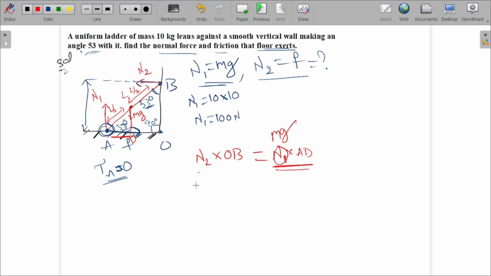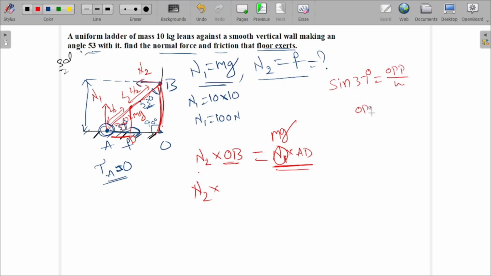Now N2 into OB. OB is the perpendicular distance. What is this perpendicular distance for this 37? I want to find the opposite side, so sine 37 equals opposite side by hypotenuse.